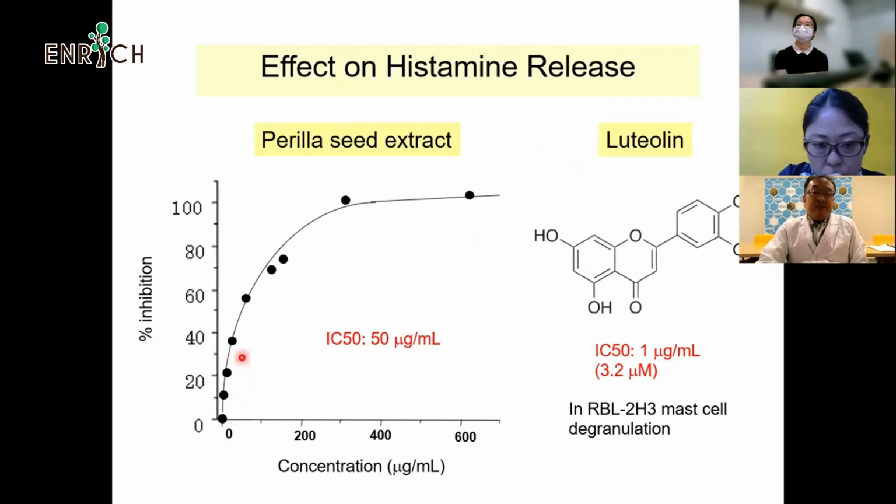As a result, perilla seed extract dose-dependently suppressed histamine release from mast cells with an IC50 value of 50 micrograms. And also, the active ingredient luteolin strongly suppressed histamine release with an IC50 value of 1 microgram.